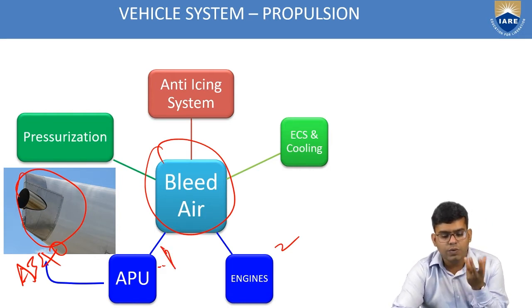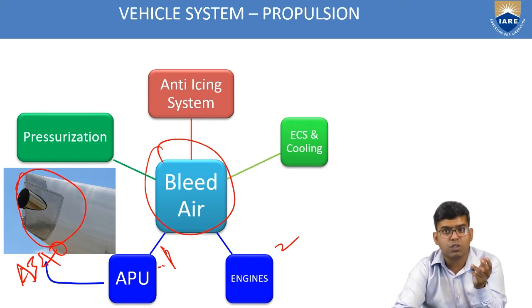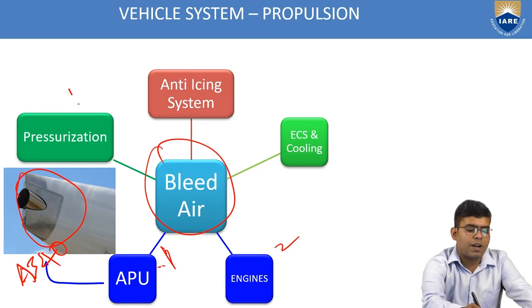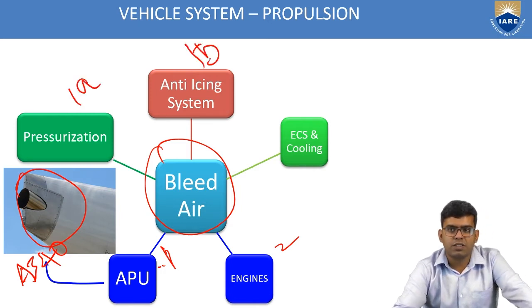So what do we use bleed air for? Bleed air is used for pressurization of the cabin. Why do we need pressurization? Let us see that a bit later. The second use, 1B, is the anti-icing system.